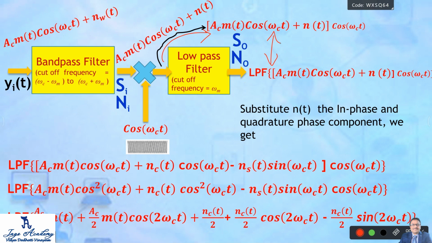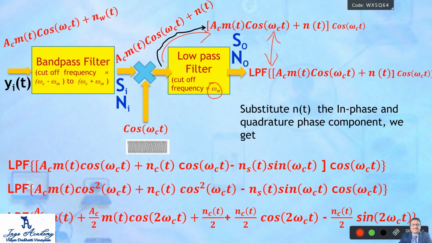See which components will be stopped, cancelled by the low pass filter, and which components are passed. I told you that this low pass filter cutoff frequency is omega m. What is the meaning of that? Only the message signal will be passed. Your carrier omega c will not pass at all.